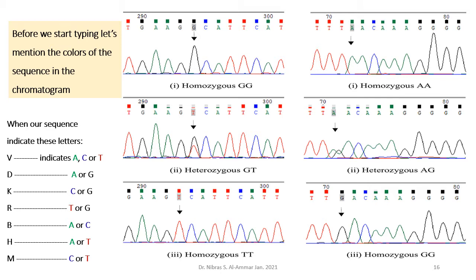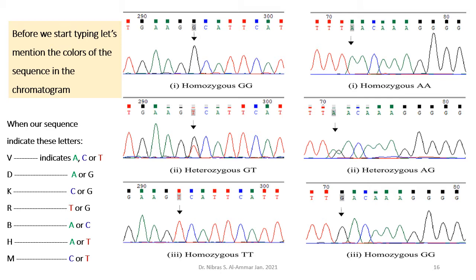We can see here the peak of G. And in the second, we have homozygous, for example, here A. We have many homozygous A peaks. Also, we have G also homozygous and T here in the second one.